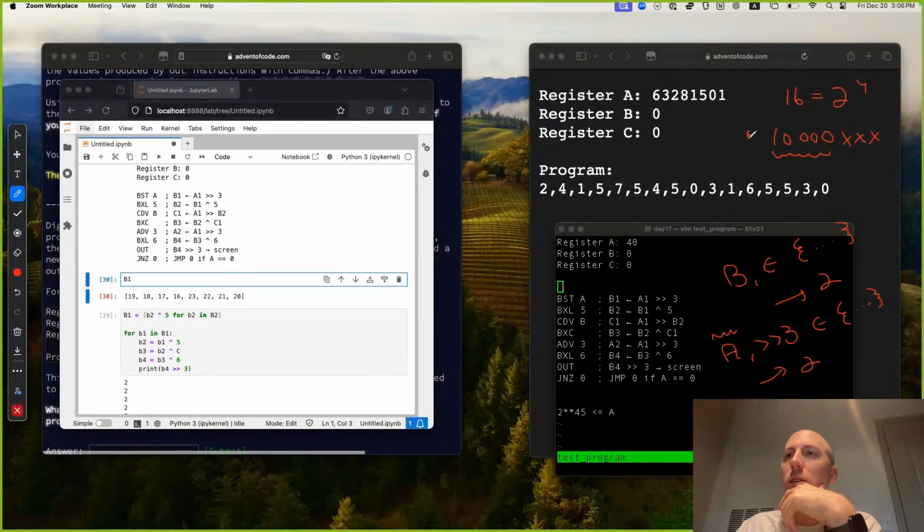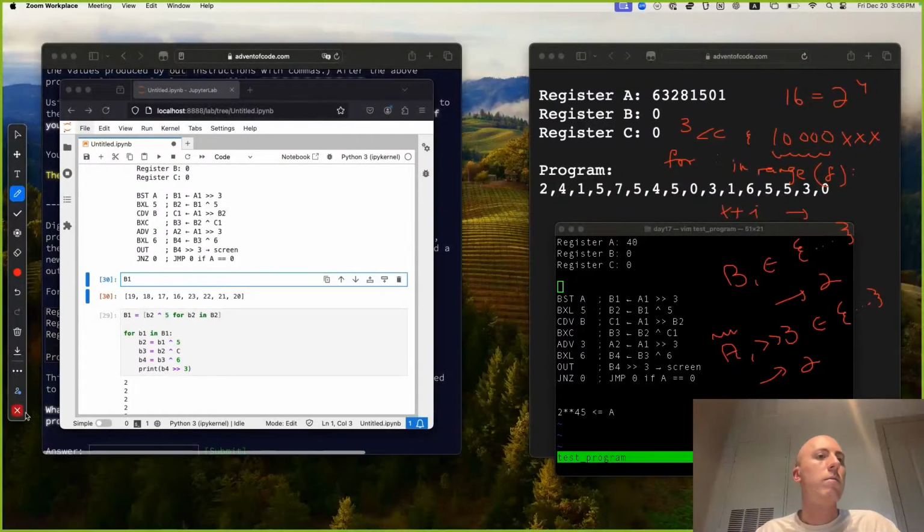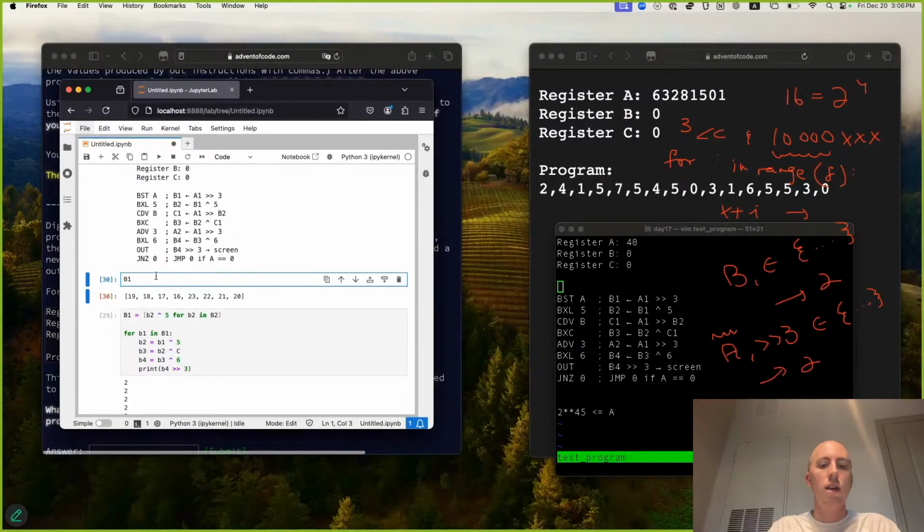So we basically take this, we shift it by 3 over this way, and then for I in range 0 up to 8, we would just do that number plus I and append that. So kind of like for B1.